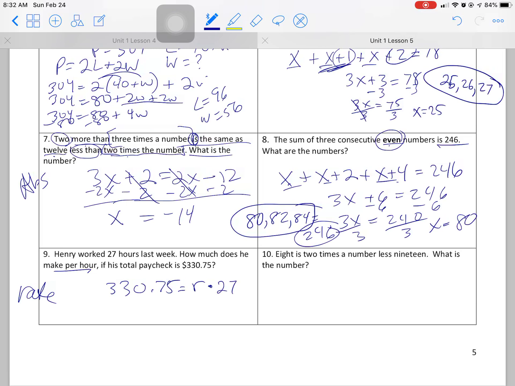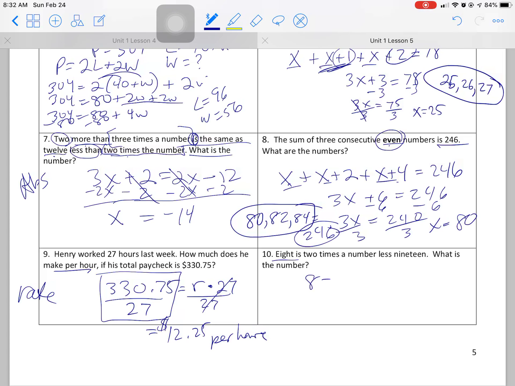There's no start number or anything, so let's divide by 27 to isolate my R. It's fine if you just wrote that as the setup. And what does that equal? It equals $12.25 per hour.